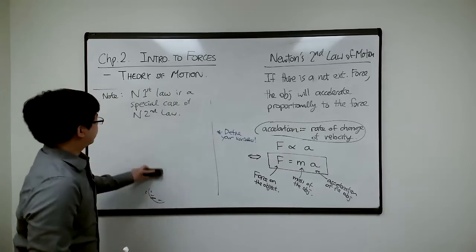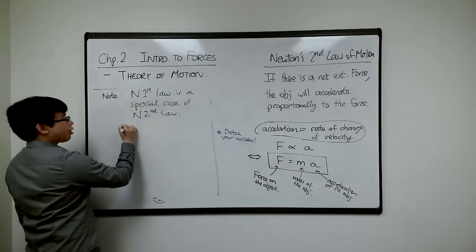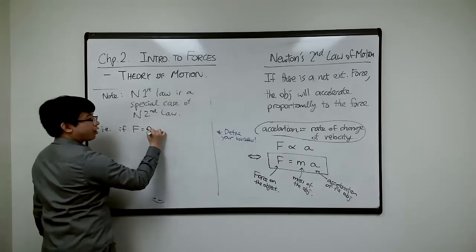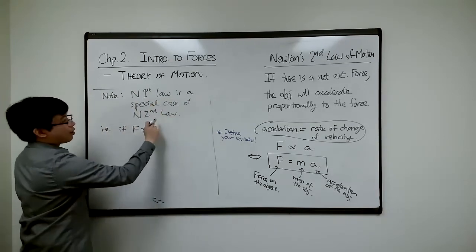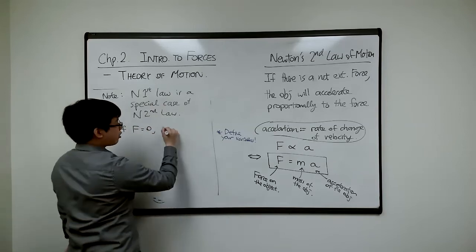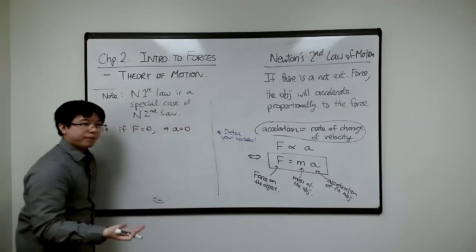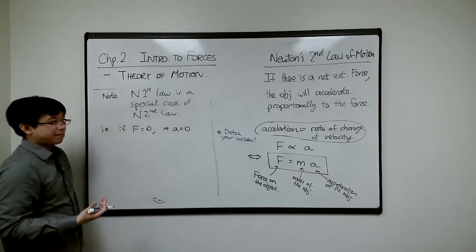If that is not clear, Newton's first law says F equals 0. Now Newton's second law says that if F equals 0, then as you can see, A must be 0, assuming the mass is not 0, like if something has a mass.